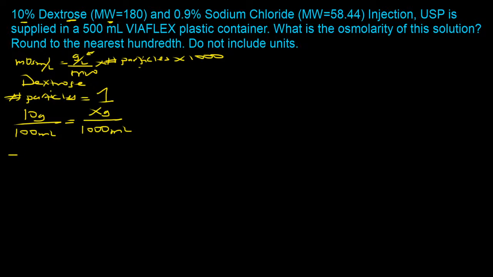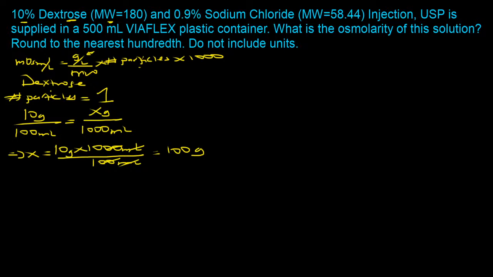So we can go ahead and actually solve for X, and X will be 10 grams times 1000 milliliters divided by 100 milliliters. So the ml cancels out, and you actually end up with 100 grams. So this 100 grams is what is present in 1 liter.